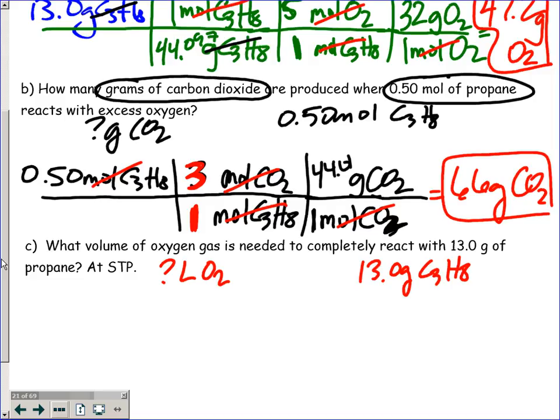That goes on top. And that's what we're going, grams to mole. We're going to liters. So grams to mole. If I had a mechanical pencil, I would write it down.